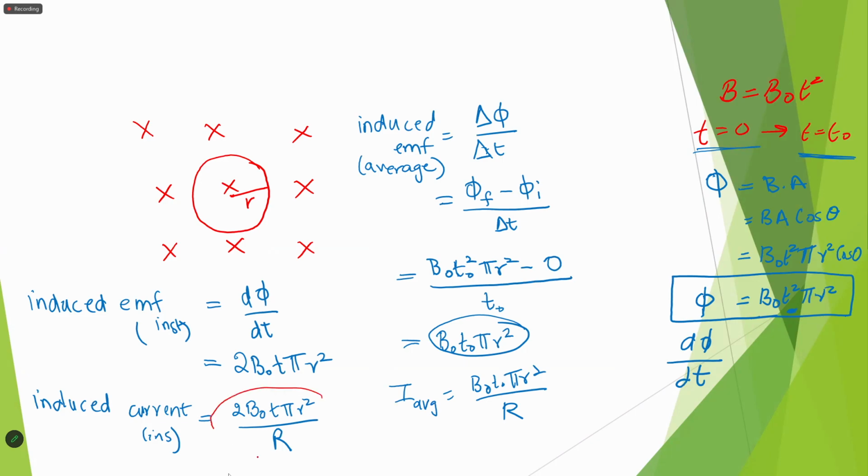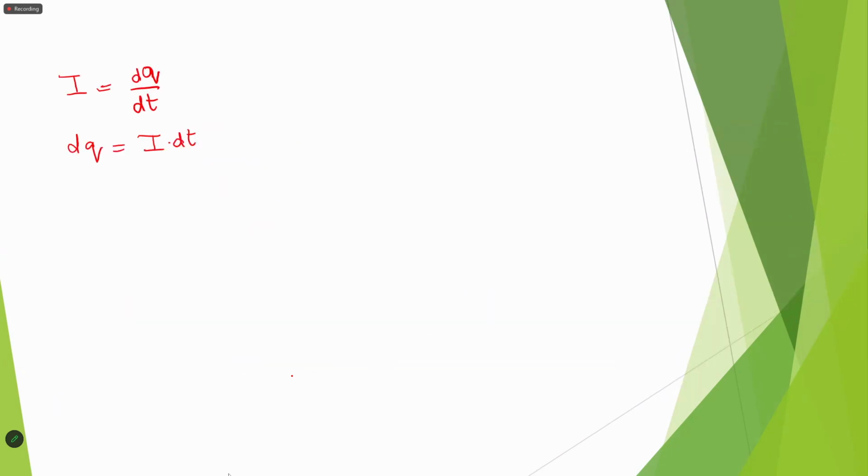So can I just say that my dq is equal to 2 b naught t pi r square divided by R dt? I'm just writing the value of I. Correct?